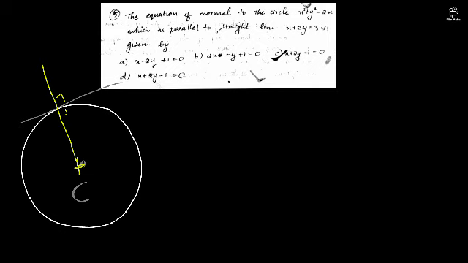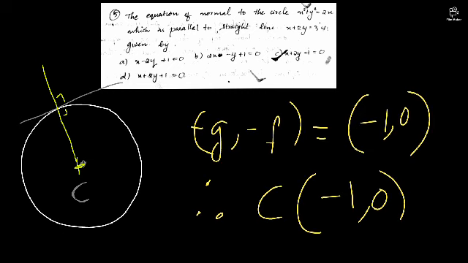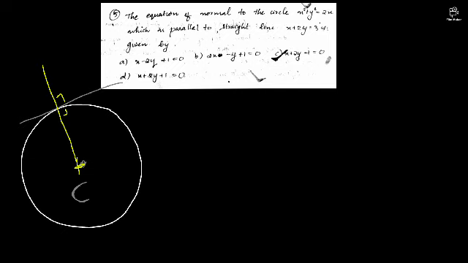From that 2g we know that the center will be (minus g, minus f). 2g is equal to 2, coefficient of x, and 2f is equal to 0, coefficient of y. Now g is equal to 1 and f is equal to 0, therefore the center coordinates will be (minus 1, 0), and therefore this will satisfy the equation of the normal.